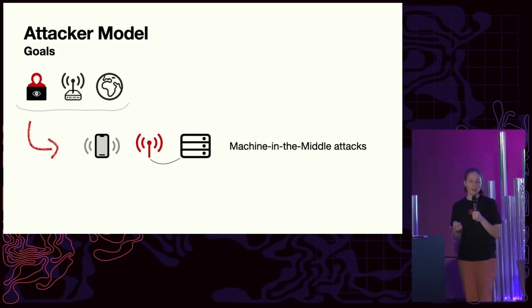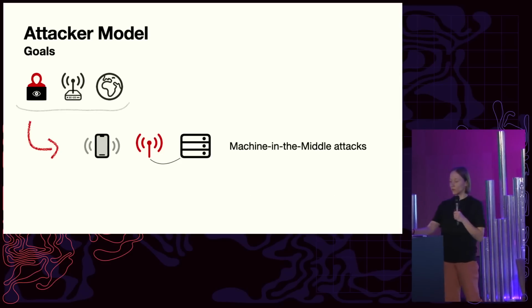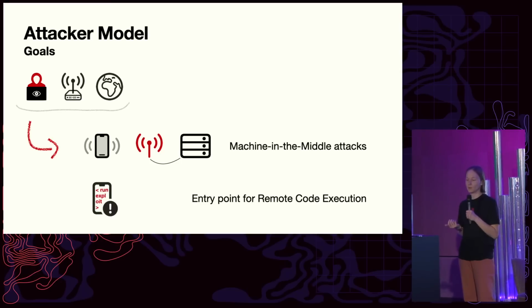But you might also know that state-sponsored attackers are really interested in getting to know as much as possible about their target. So they might acquire exploits for the baseband, for example, because baseband exploits are pretty reliable nowadays.